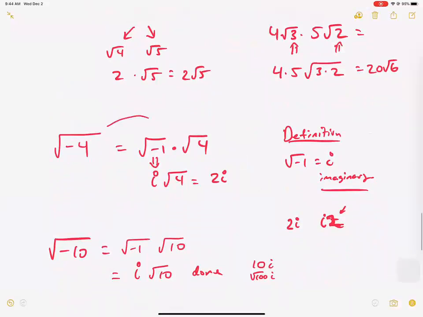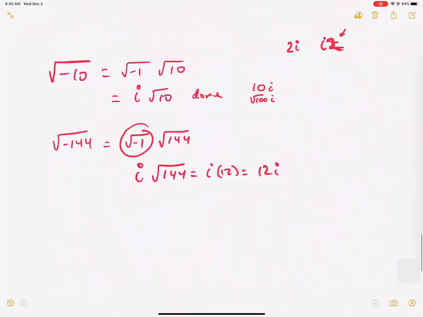So we say, hey, we're multiplying a square root of negative 1 and a square root of 4. We just bloop, separate them. And we know the square root of negative 1 by definition is going to be i. That's why it's i square root of 4. Now I can take a square root of 4 freely. We know what that is. That's a real number. All right. Got it. Thank you.